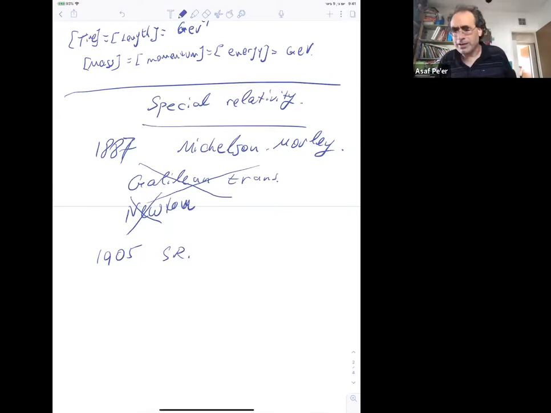What it did was just replace the Galilean transformation with the Lorentz transformation. Henrik Lorentz worked around the late 19th century. The transformation was known. When you replaced it, everything fell in perfectly. It's a beautiful piece.